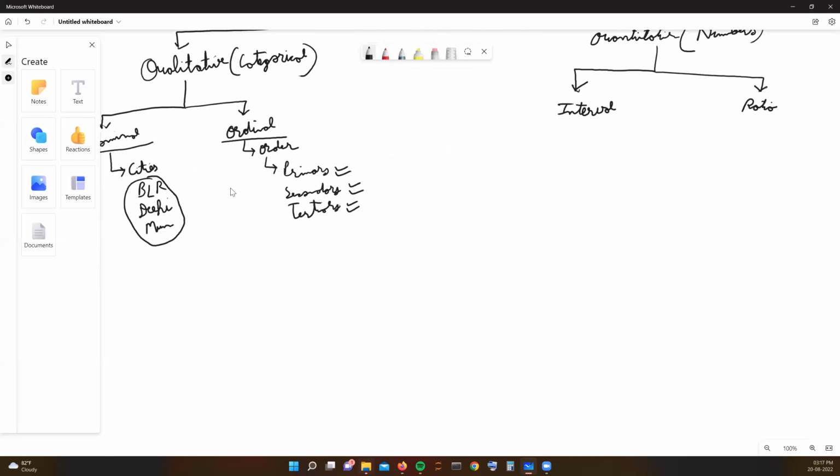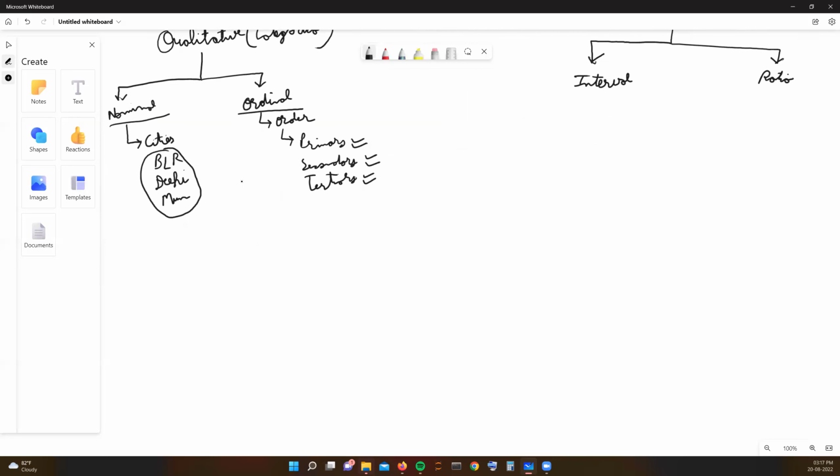Some properties of this qualitative or categorical data are that we cannot use statistical computation on nominal data. I mean, we cannot find the mean and standard deviation here, right? Because all these are different categories. So calculating the mean or standard deviation doesn't make sense.